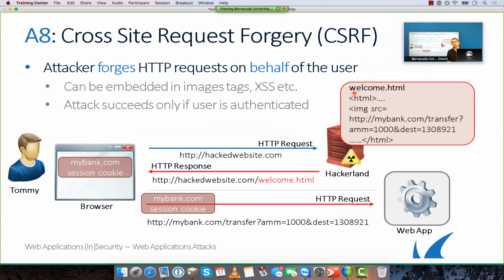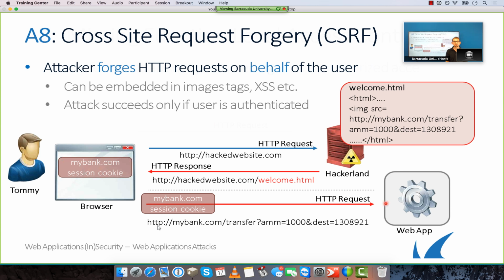When the web server creates the HTTP response of the welcome.html page, the browser will download the page and parse the code. When it reaches the image source tag, it will say, oh, I need to get that image from that link. So it creates an HTTP request for that image, which is not an image, because that request is actually the bank web application.